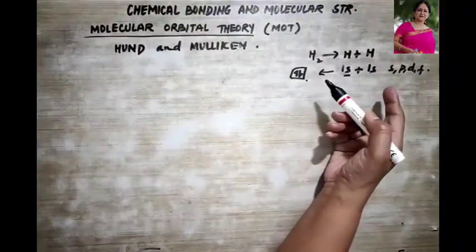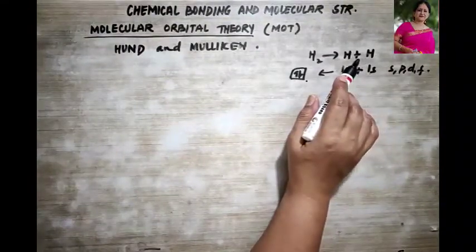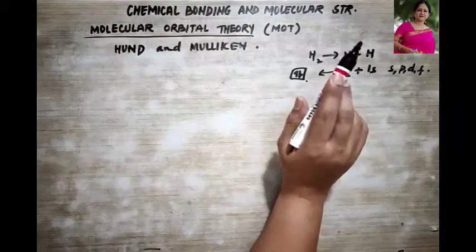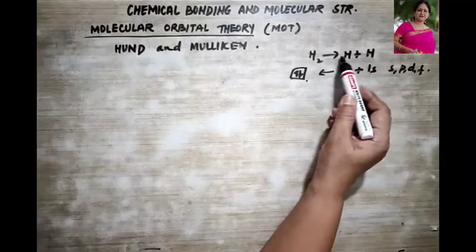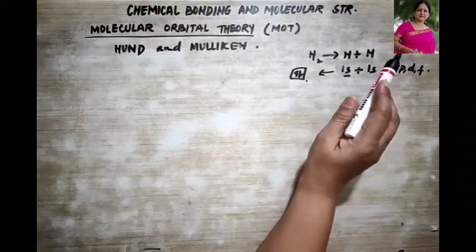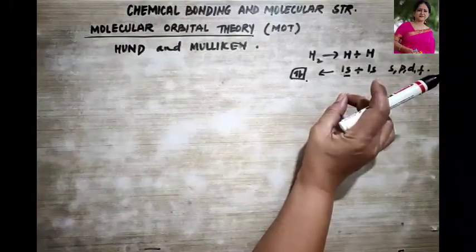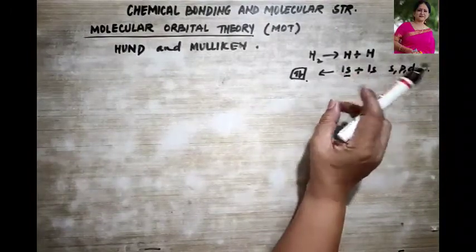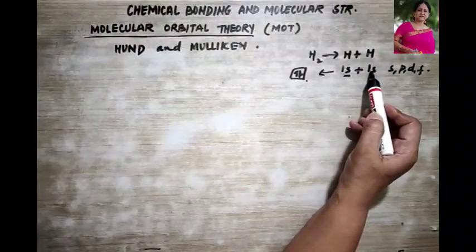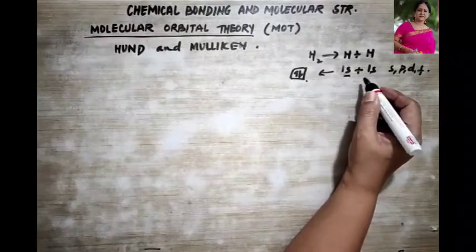As I told you, when molecule formation takes place, the atoms participating to form the molecule get disturbed when the nuclei approach each other or come closer. They all get mixed up and give rise to an equivalent number of new orbitals. Now there are two here, so an equivalent number of new orbitals will be given.